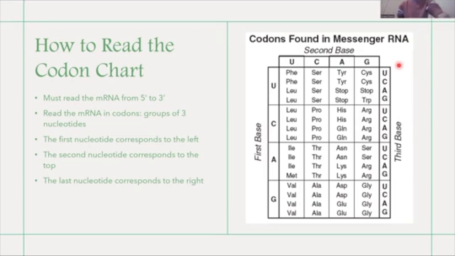So let's do a short example really quick. Let's say that I had a sequence on my mRNA that was 5' G, C, U 3'. The G, I look on my left side and I find where G is, which is right here, meaning that I'm only going to have something in this bottom row for sure.